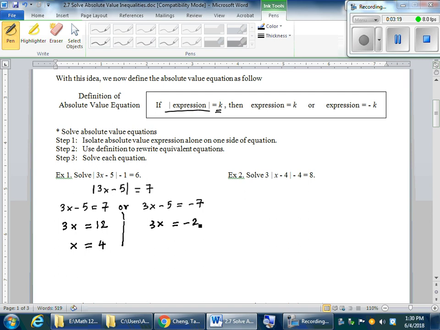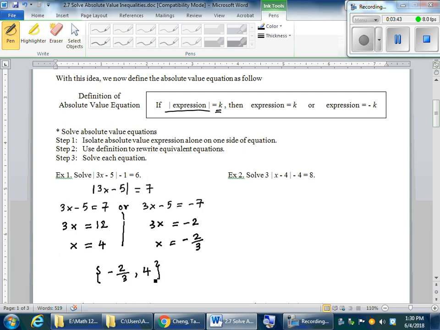And then divide both sides by 3, which is x is equal to -2/3. And that is our final answer, which is -2/3, 4. Two solutions that we get.